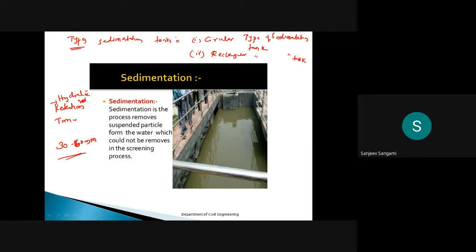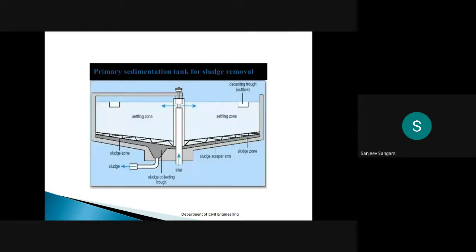Initially you won't observe any sedimentation, but after 30 or 50 minutes you can observe almost all the particles settled at the bottom. And this is one process of the rectangular and circular type of sedimentation tank.